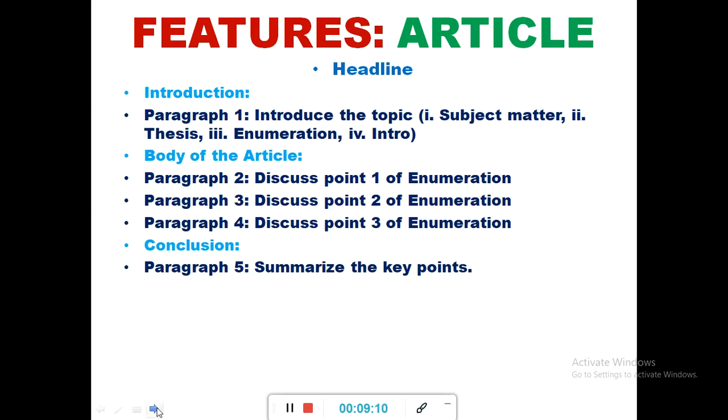Then after the body of the article, you have the conclusion, which is the last paragraph that should summarize the key points, emphasize the central message, and probably make recommendations or call for action from the relevant authorities. So these are the features of the article.